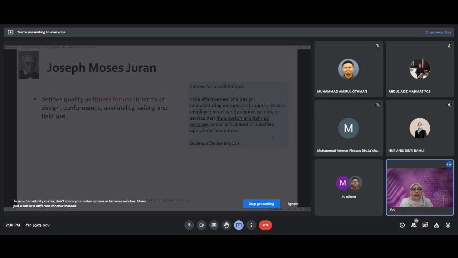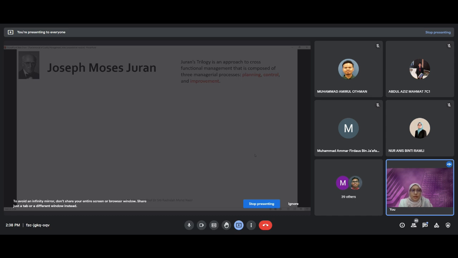So it means that the product being produced can fit the customer's purpose. It means that a product meets the customer's needs, thus leading to customer satisfaction.